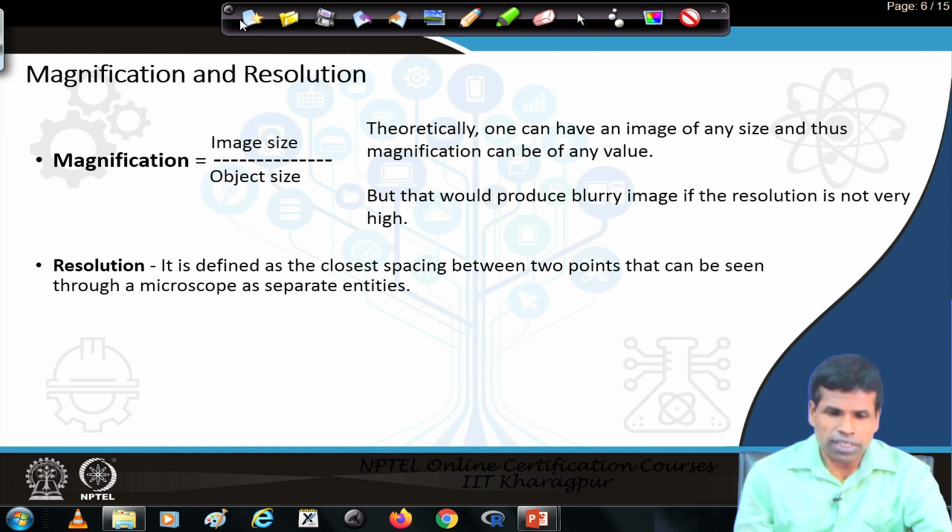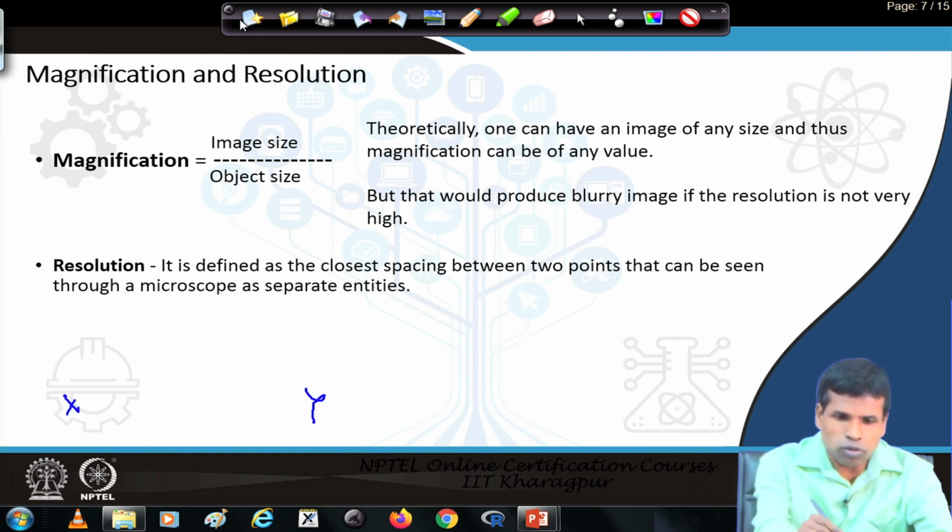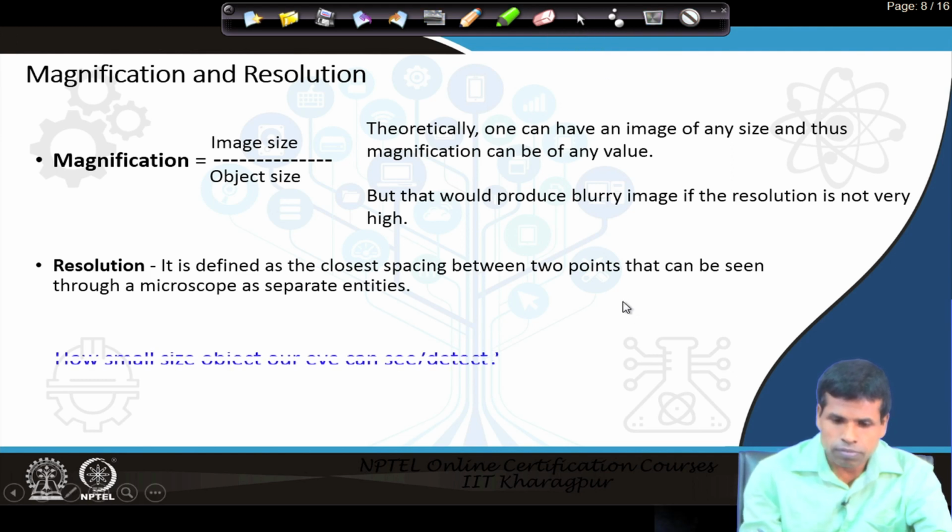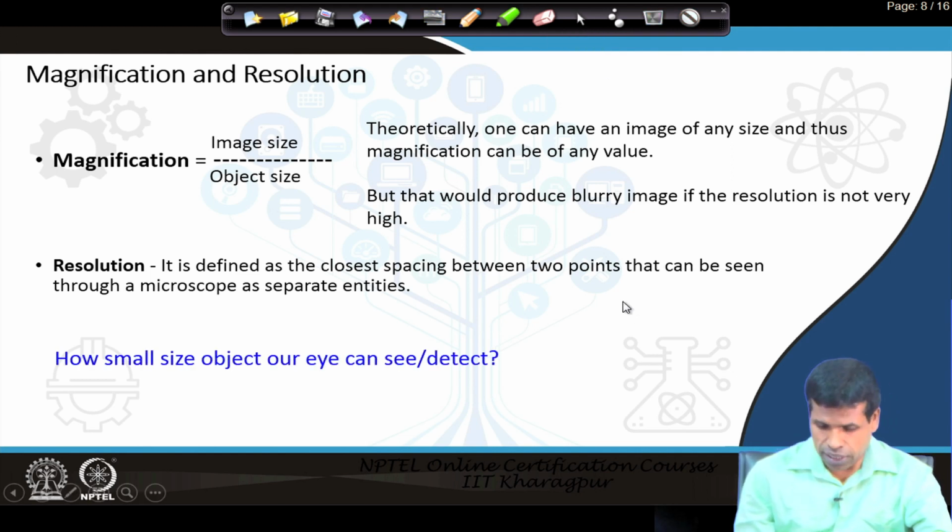So, first let us try to understand the resolving power of the human eye. How small an object our eye can see or detect.